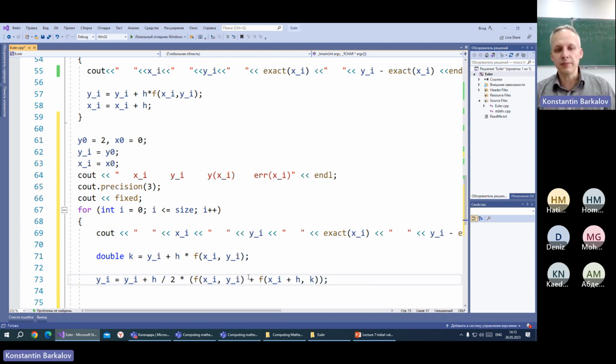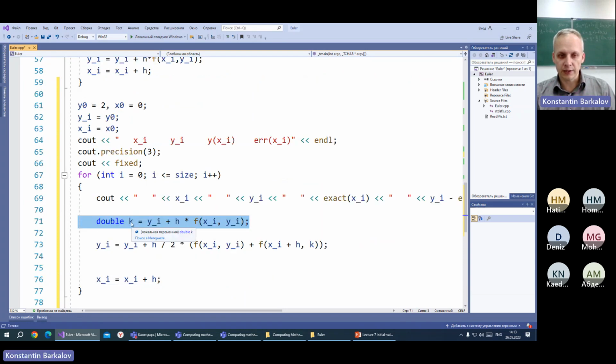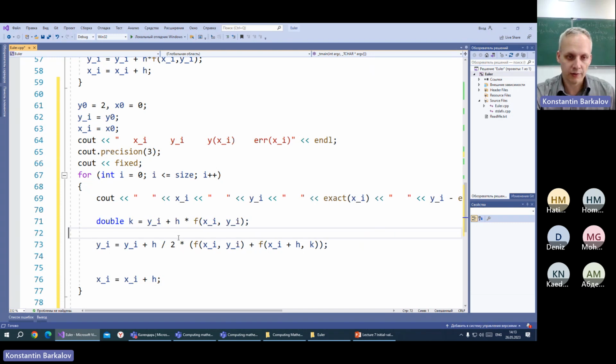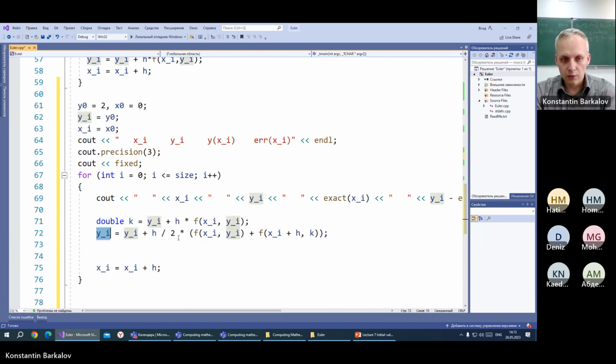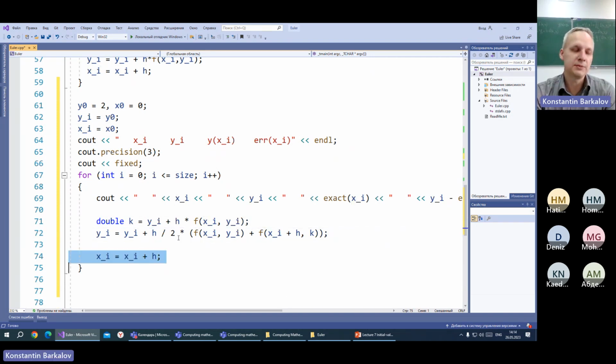As you see, the implementation is not much harder than for Euler's method. We should just introduce a new intermediate step, and use this result to compute the value of yi. Well, after that, we should update the value of xi and continue the computations.